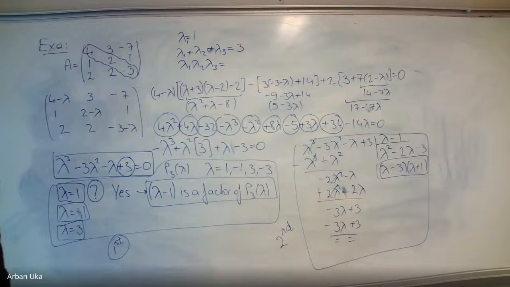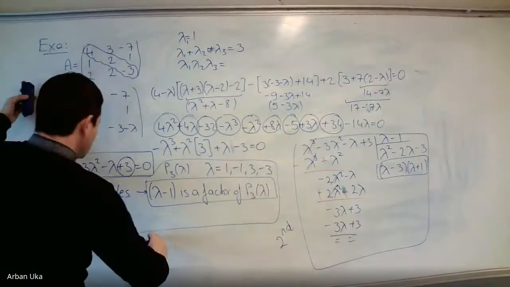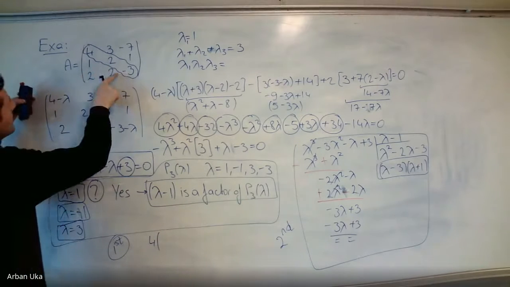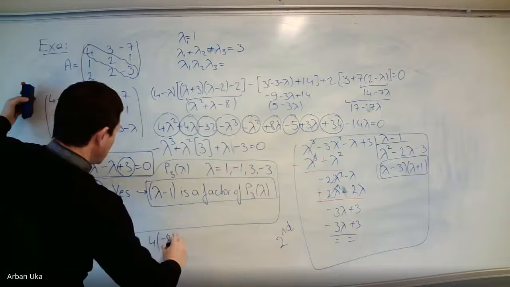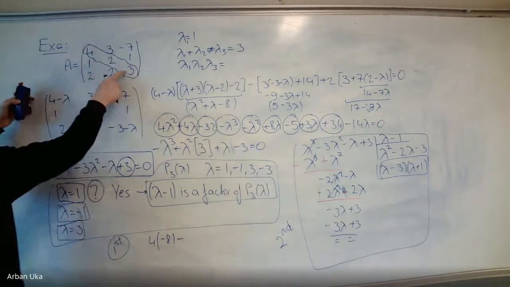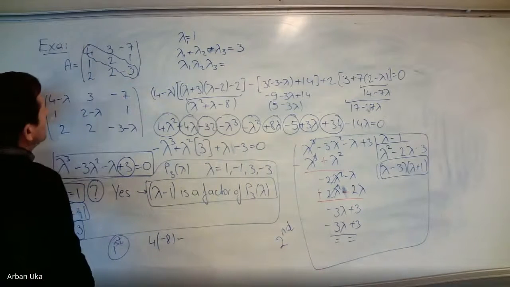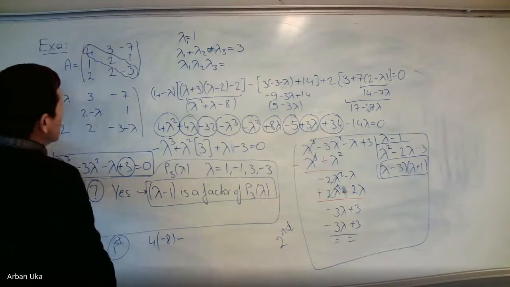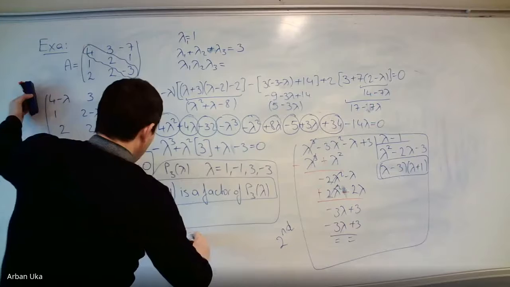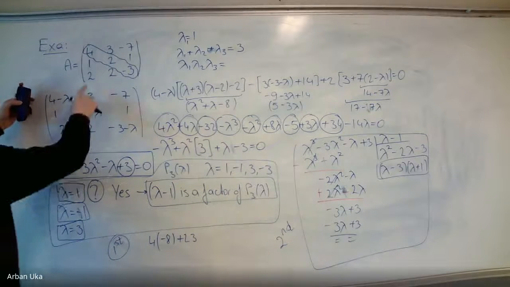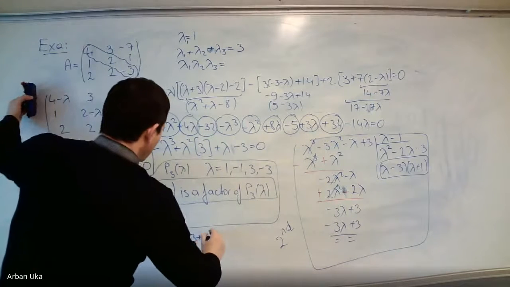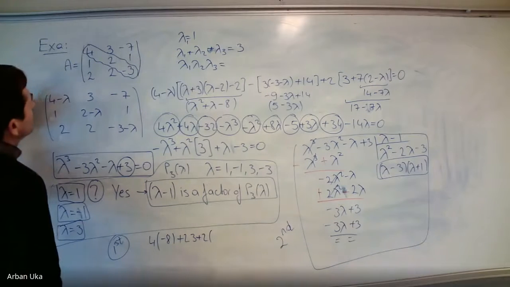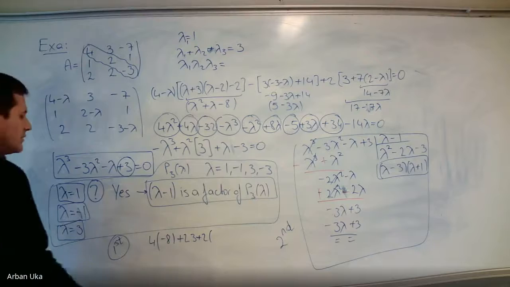What is the determinant of this matrix? Let's try to figure it out. We have 4 times 2 minus 3 is minus 6 minus 8. Minus 1, which is minus 9 minus 14. Minus 9 minus 14, what is it? Minus 23, which becomes plus 23. And then we have 2 plus 2 times 3 plus 14. What is 3 plus 14? 17.